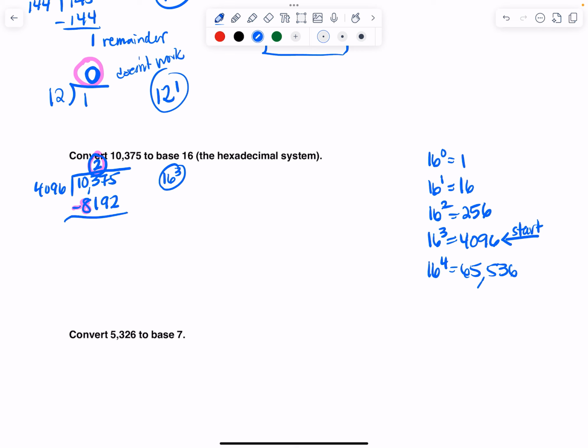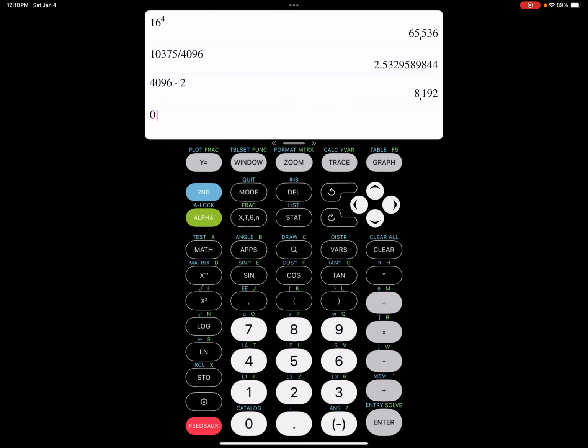Okay, so now I'm going to take 10,375 and subtract 8192. And when I do that, I get 2,183. Now we're going to divide that by the next positional value down.